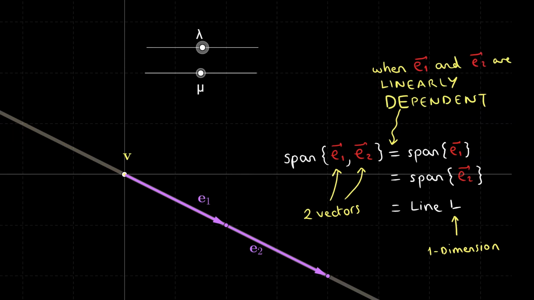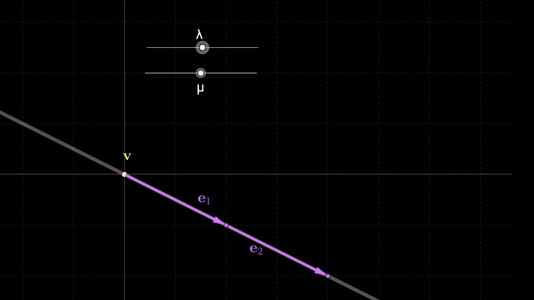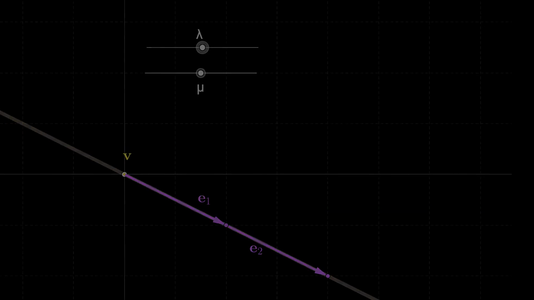And how does this look numerically? Can we prove that we cannot reach any point in two-dimensional space using these two vectors? Let's proceed similarly to what we did before. We want to check whether any location v equals (x, y) can be reached via a linear combination of two vectors e1 and e2.